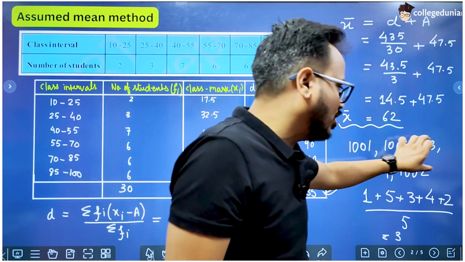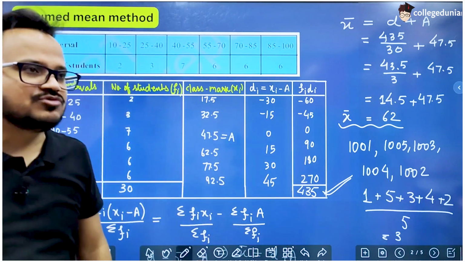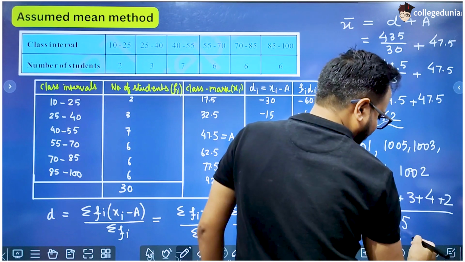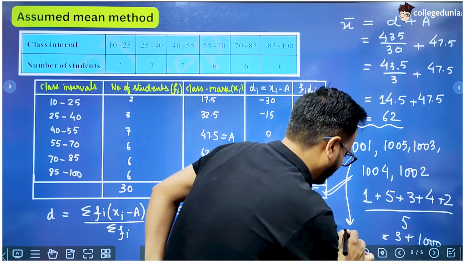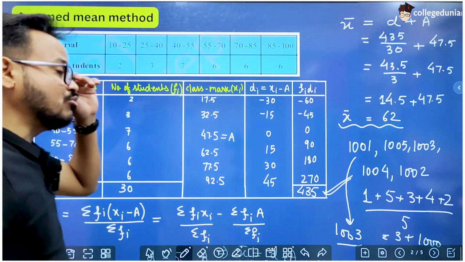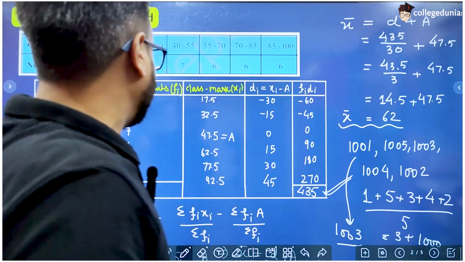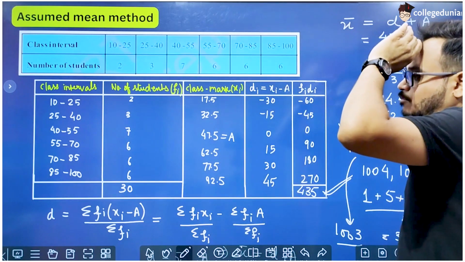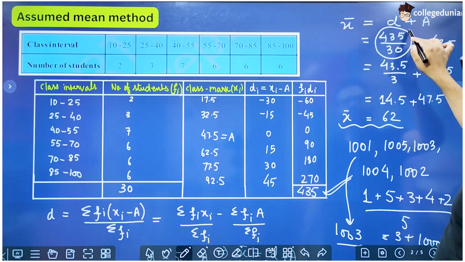So what is the mean of all these values? What have we subtracted from each value? We have subtracted 1000 from each value. Now you will add 1000 to this value to find the actual mean. That is, the mean of these numbers is 1003. So that is what we have done here. We subtracted 47.5 from each and every value, and then we took the mean of the new numbers.